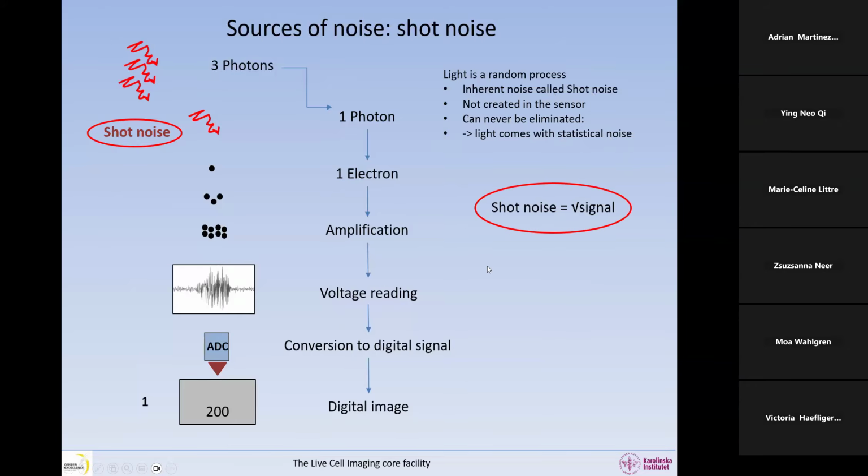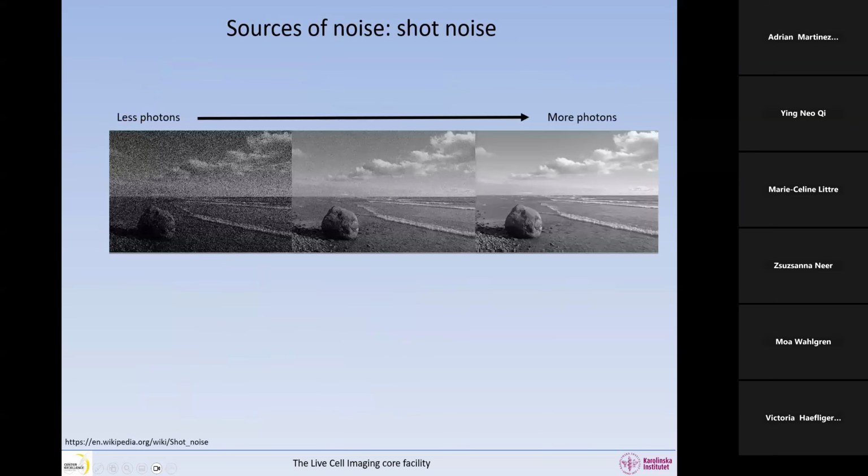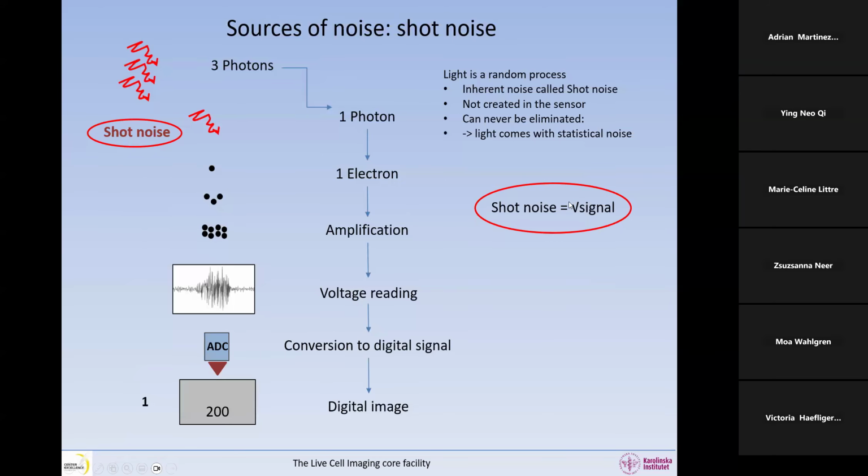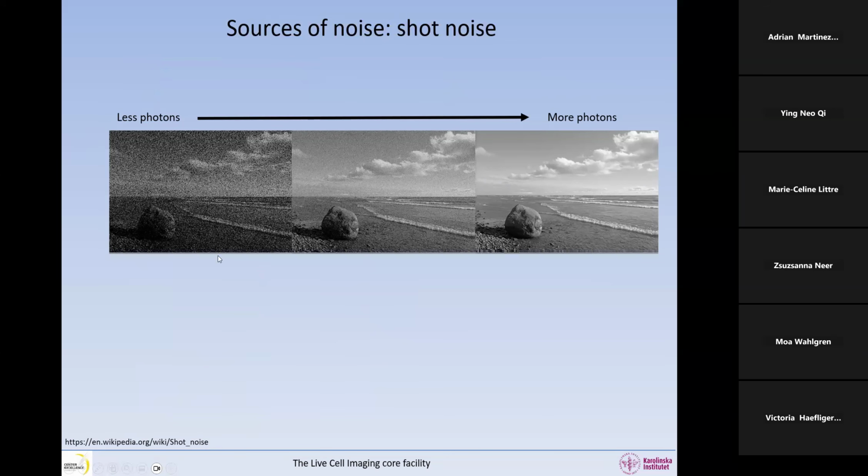But there's one thing that is good, is that the shot noise is the square root of the signal, okay? So that means that if we increase the signal, we're going to proportionally decrease the noise. So let's have a look at that. In this image of a nice beach, we have very few photons coming to the camera.